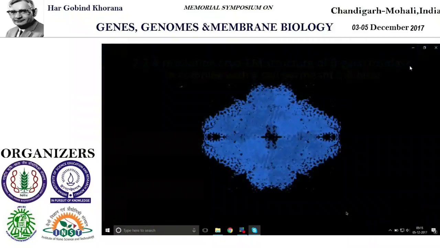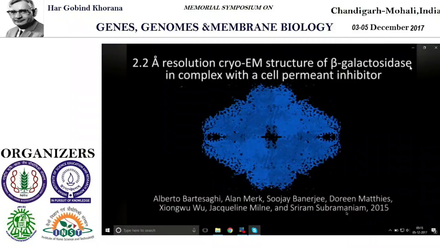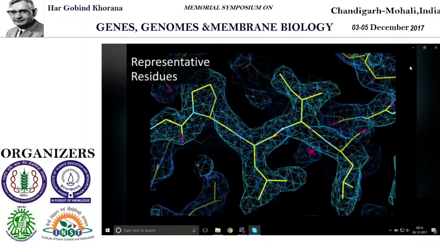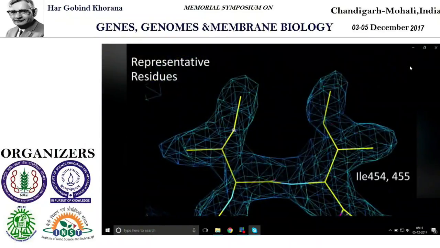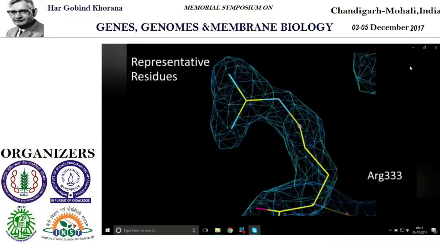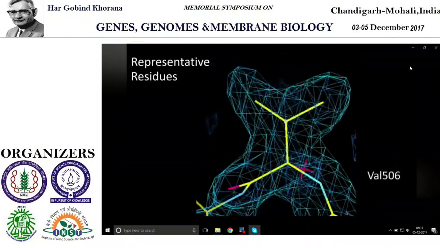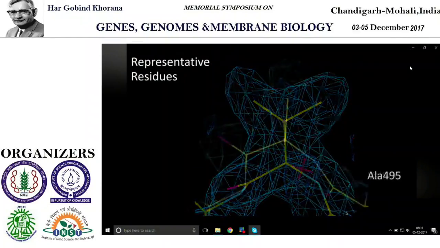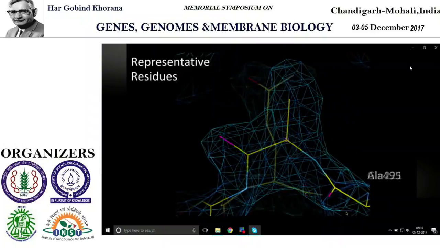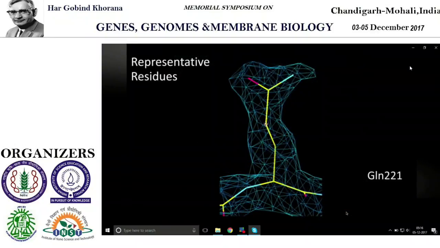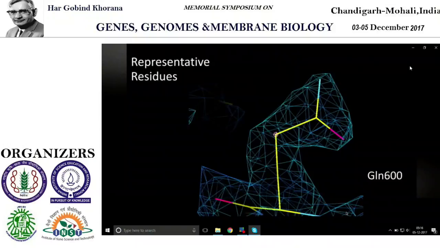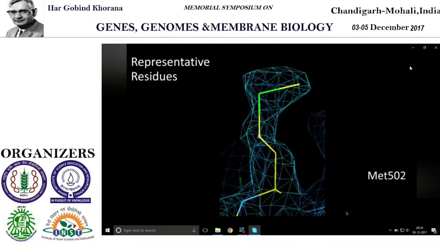So at these kinds of resolutions, for those of you who are used to looking at crystallographic density maps, this is essentially an EM density map where you can visualize densities with side chains directly. You can place them into the density map. And I think the fact that we can now visualize unambiguously these side chains is very exciting.